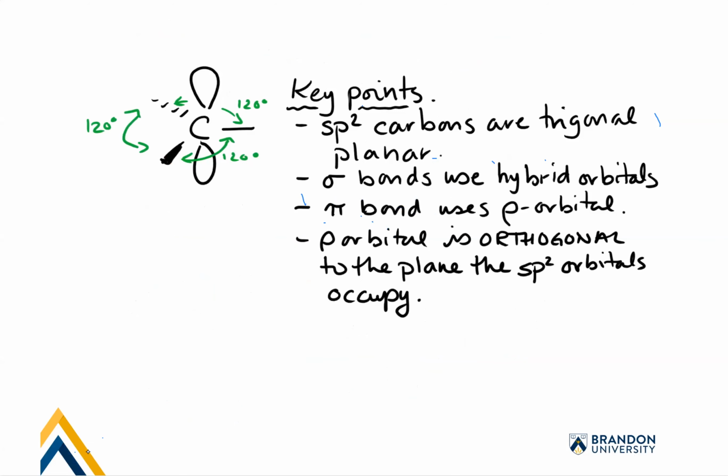Okay, so the key points: sp2 carbons will be trigonal planar. Sigma bonds use hybrid orbitals, and pi bonds use the p orbital. And the other important part is that this p orbital, if we're going to do a visualization here, the p orbital is 90 degrees from the plane.